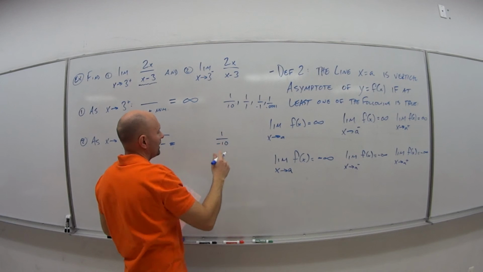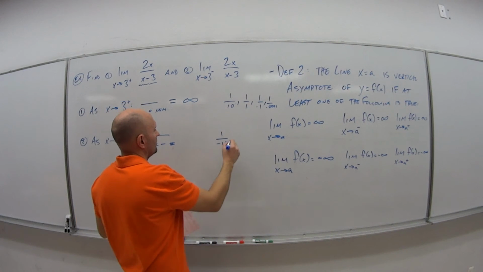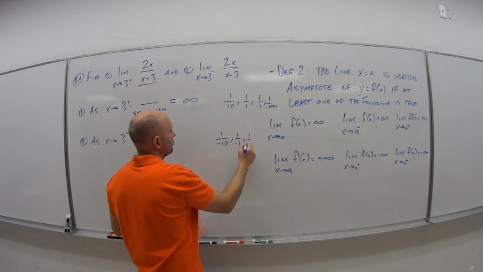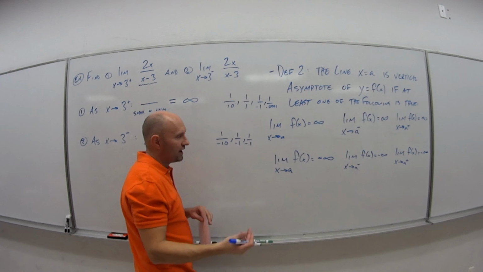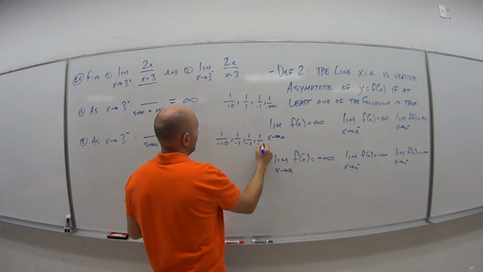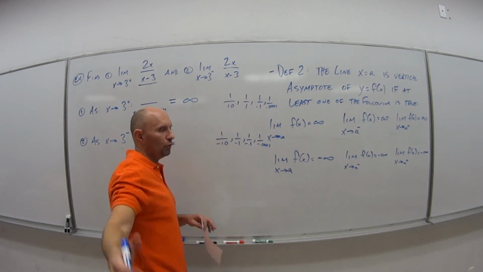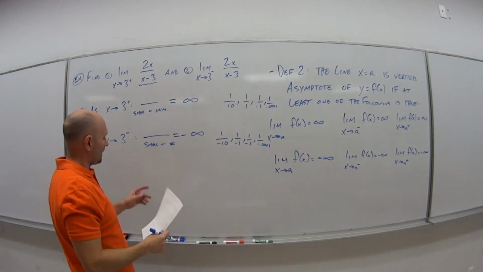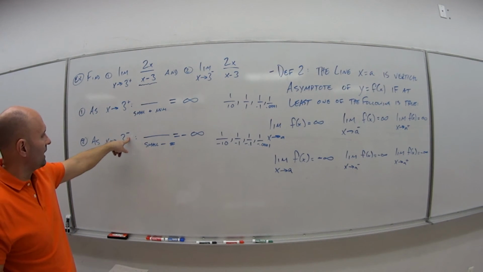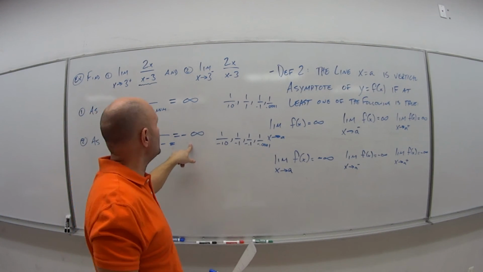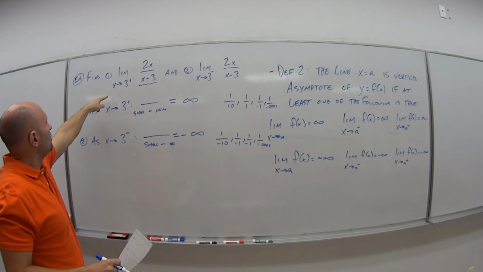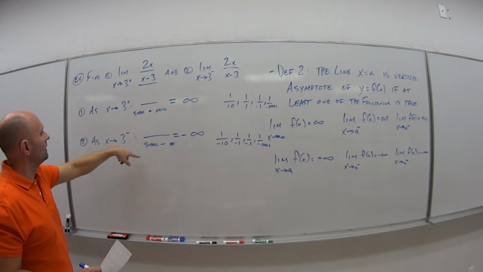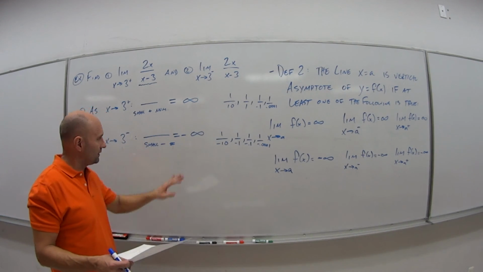If it's 1 over negative 10, that's a small number. 1 over negative 1, negative 1. 1 over negative 0.1, negative 10. 1 over negative 0.0001, really, really big number, but it's negative. So it means this function, as we approach 3 from the left side, goes towards negative infinity. So for number 1, the limit went to positive infinity. For number 2, the limit went to negative infinity.